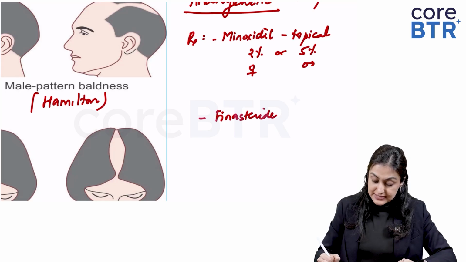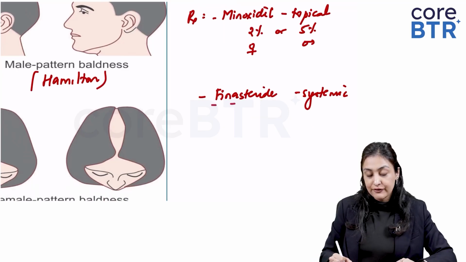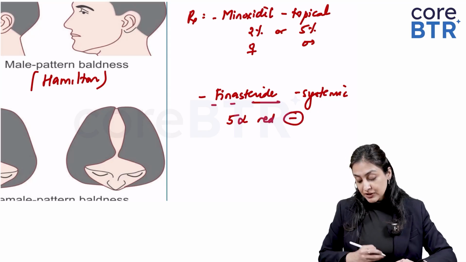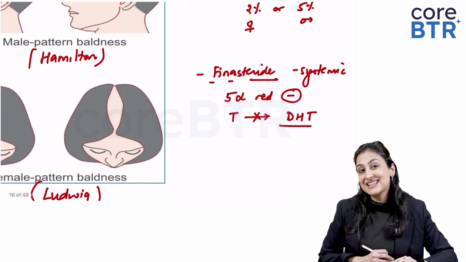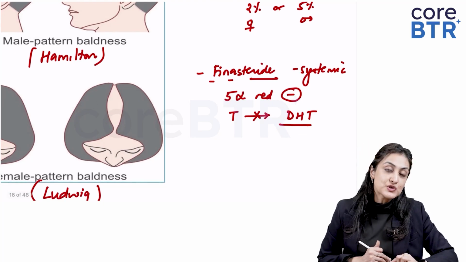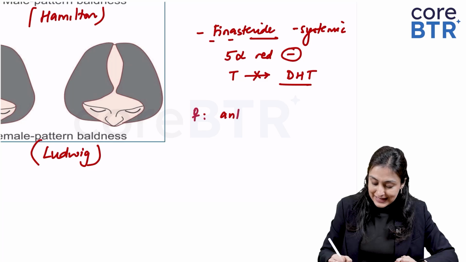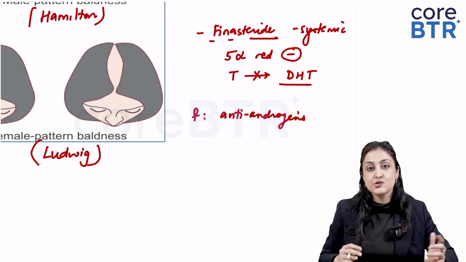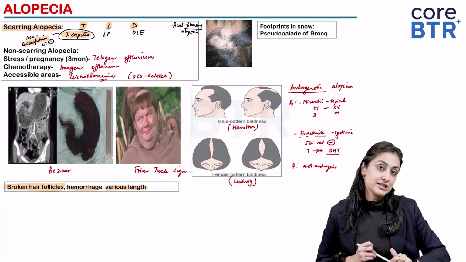So if they ask you which systemic agent can be used, you will use finasteride, a 5-alpha reductase inhibitor. What that does is, it inhibits the conversion of testosterone to dihydrotestosterone, and ultimately it's dihydrotestosterone which is responsible for this alopecia. In females, you may also use anti-androgens. In males, you can't, because that will have other effects also, right? So in females, you can use anti-androgens as well, right? So this is about androgenetic alopecia.